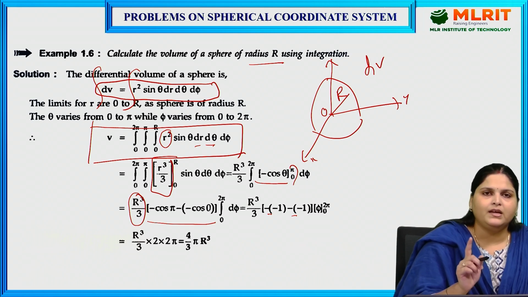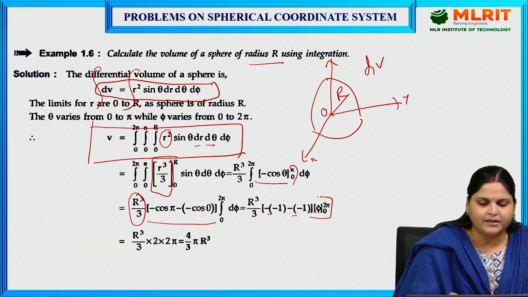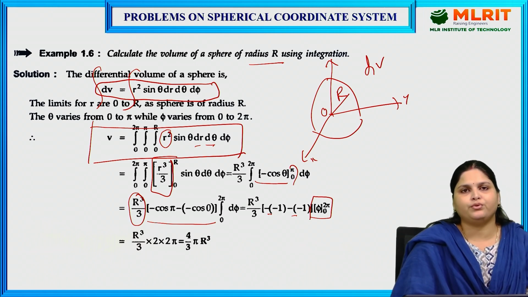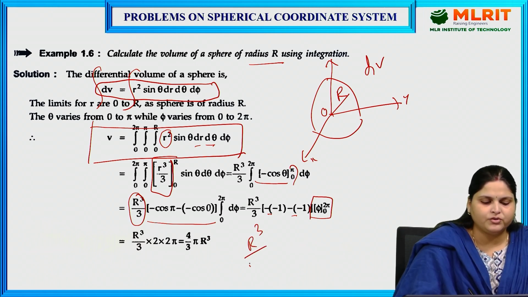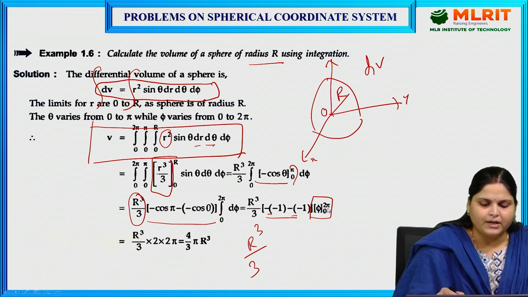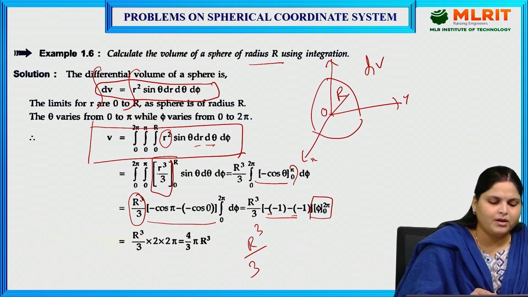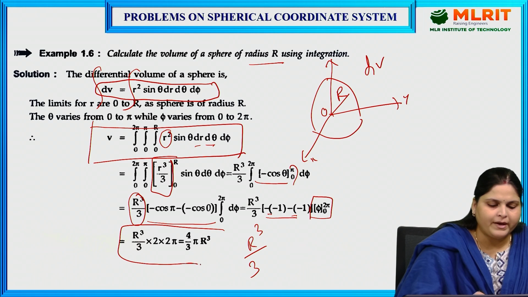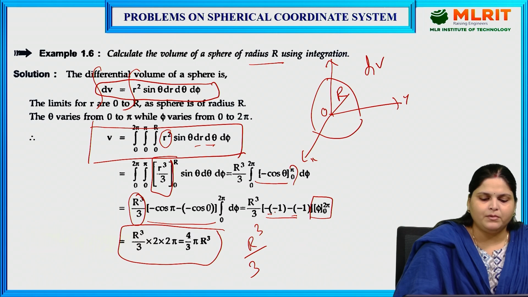We will integrate 1 with respect to d phi. So we will get phi and the limit we will put is 0 to 2 pi. So finally we get r cube by 3, times 2, and this is 2 pi, right? So on solving we will get 4 by 3 pi r cube, because this became 1 plus 1.